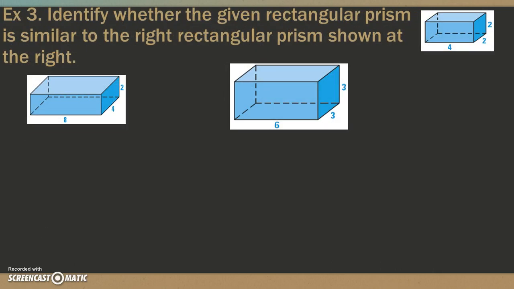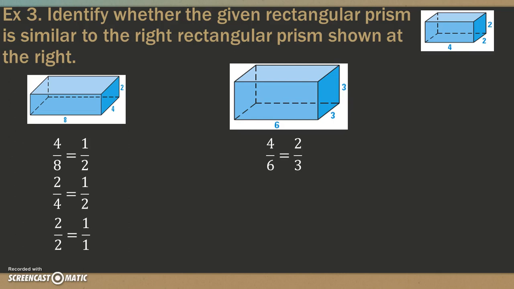So here, identify whether the given rectangular prism is similar to the right rectangular prism shown to the right. So it's 8 by 4 by 2, and then 6 by 3 by 3. So what we do is 4 over 8 is 1/2, 2 over 4 is 1/2, and 2 over 2 is 1. And then, what we're doing is comparing it to the rectangular prism at top right.